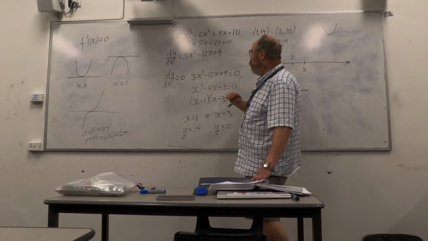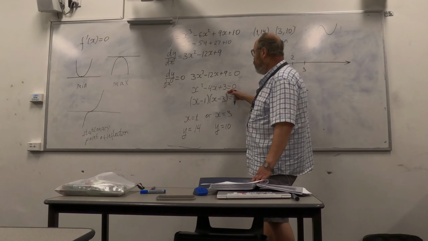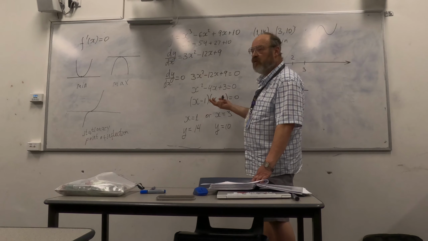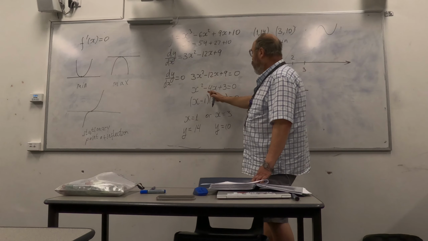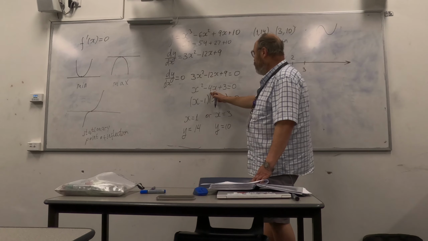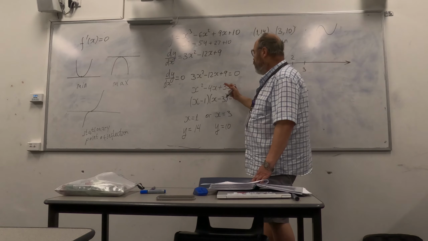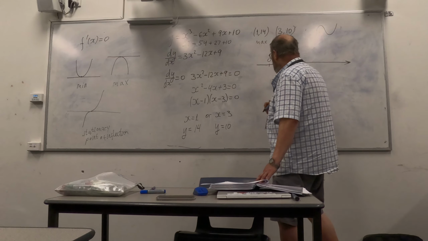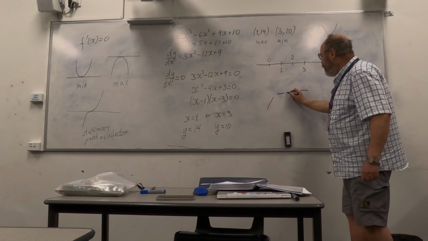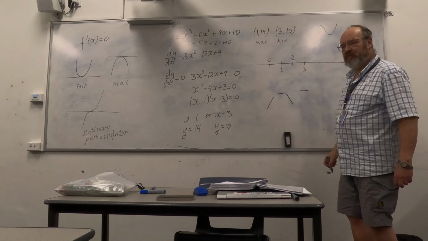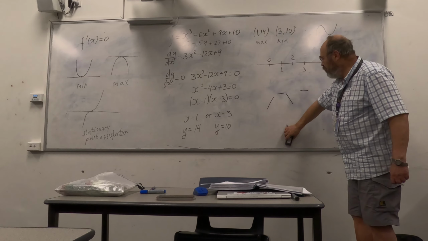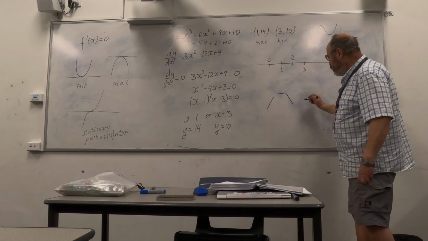I will substitute 2 into the simplified expression, because multiplying by 3 will not change the sign: (2 minus 1)(2 minus 3). It's negative, so the function is decreasing.